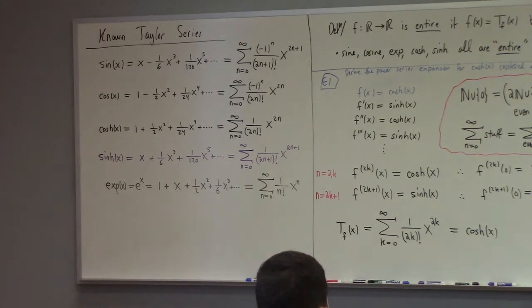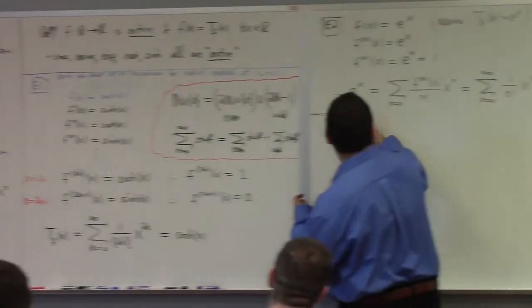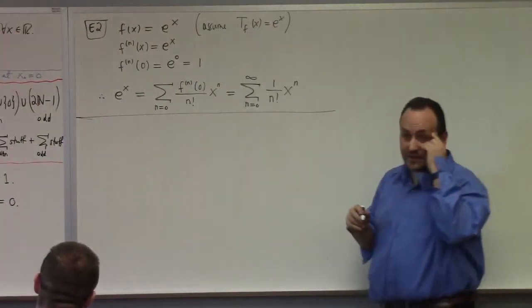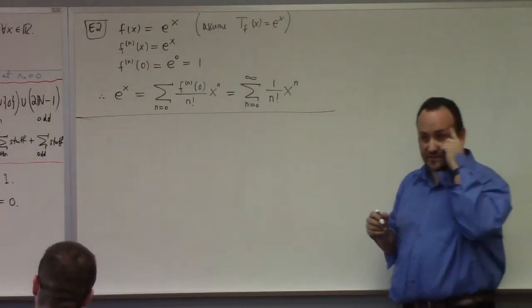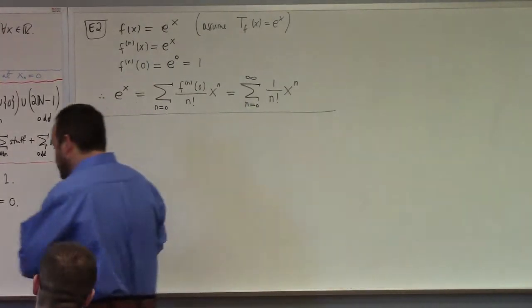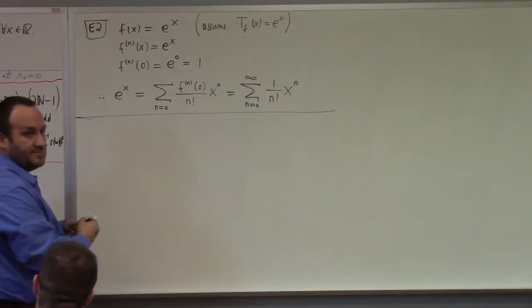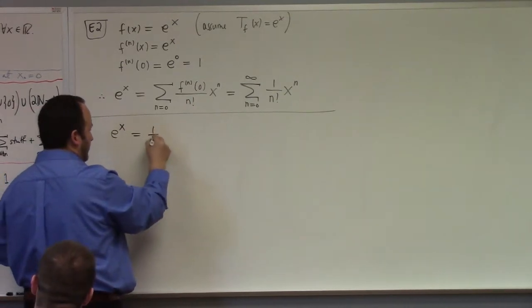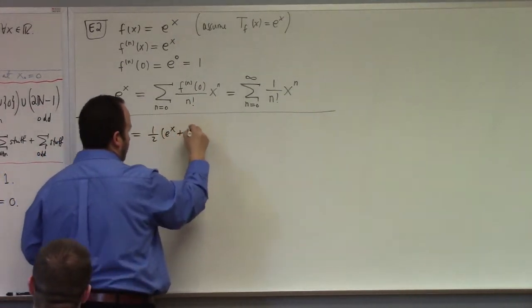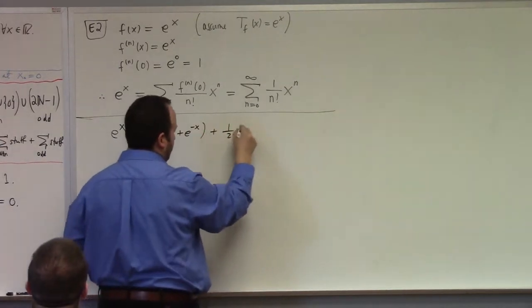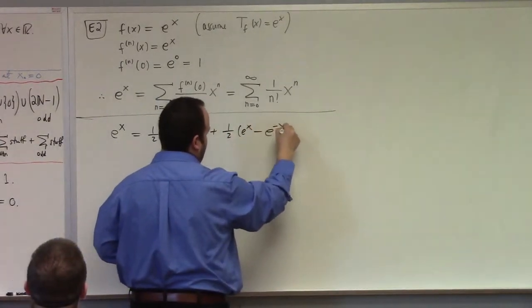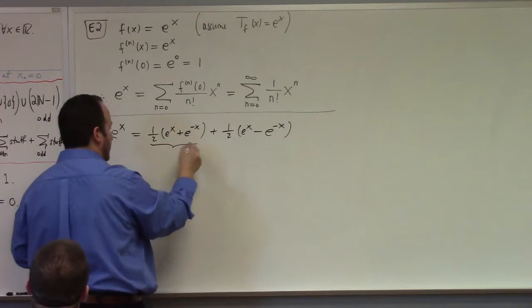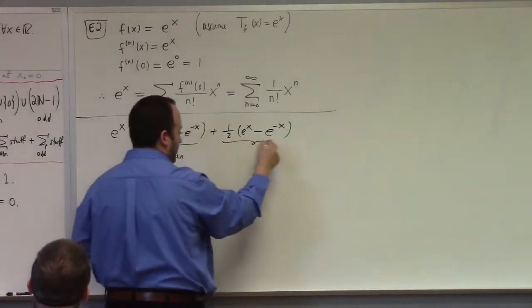What's the relation between the exponential and cosh and sinh? Do you remember what I told you guys at the start of the course? Way back. I said you can take e to the x and rewrite it as 1/2 (e to the x plus e to the minus x) plus 1/2 (e to the x minus e to the minus x), because this is even and this is odd.